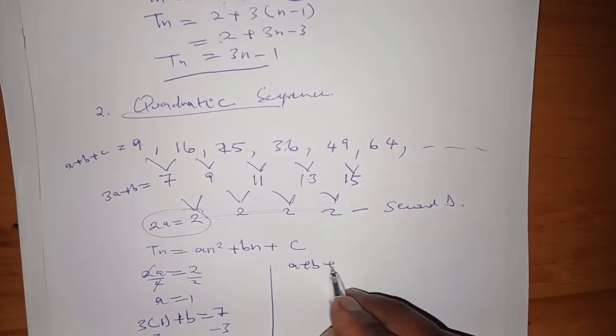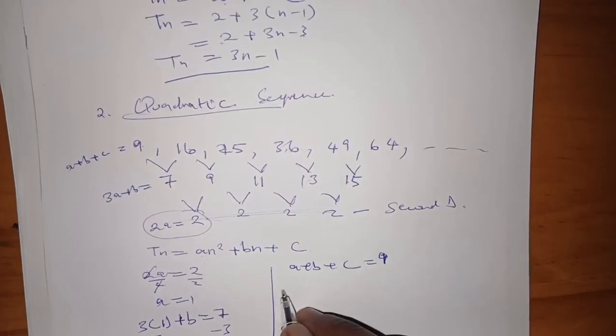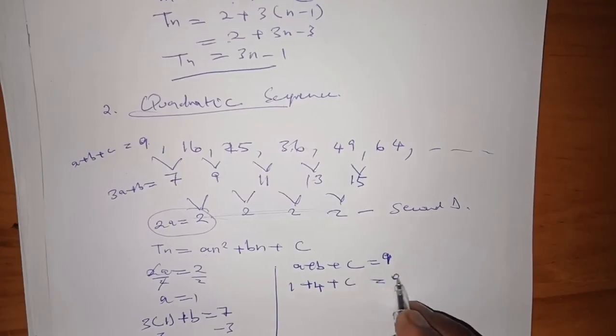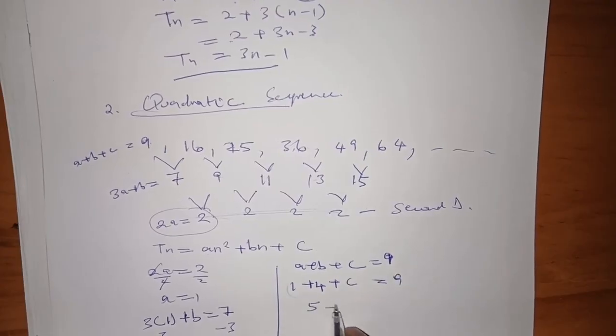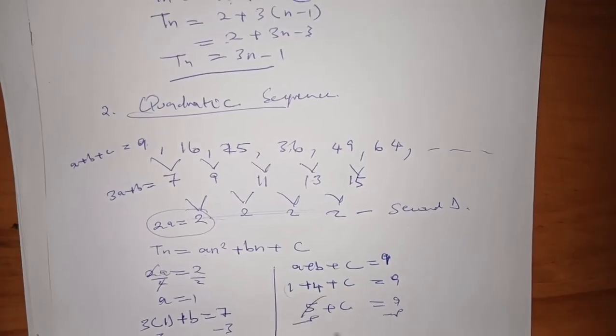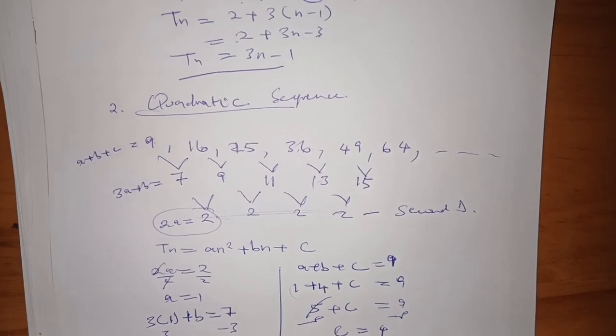Now let's try to find c. a plus b plus c equals 9. Now your a is 1, your b is 4, plus c equals 9. So this is now 5 plus c equals 9. Take 5 away from both sides of the equation, then your c is equal to 4. So your Tn equals what?